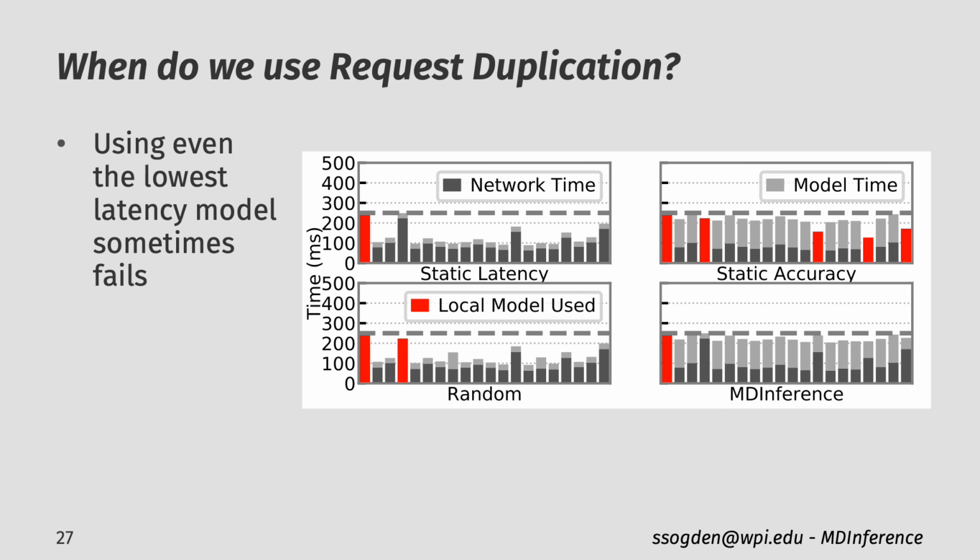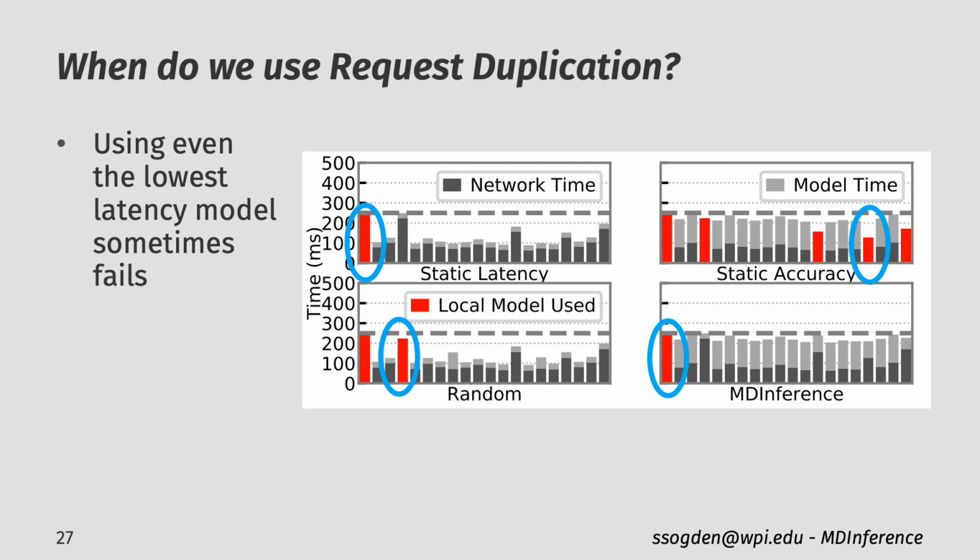For those that could use remote inference, the execution time of the model used is shown in light gray. We use three alternative methods for selecting for execution: static latency and static accuracy, which are always picking the fastest and most accurate available models respectively, and then random, which just picks a random model.